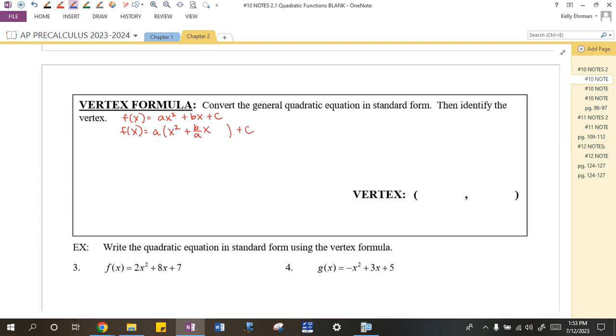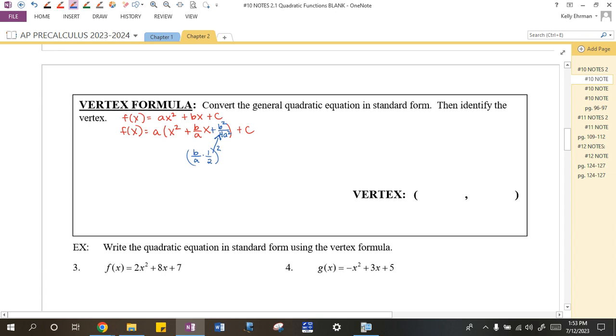Okay, now what about our complete the square step? So what about this part right here? We're supposed to take the number in front of x, which is b over a, and divide it by 2. Now, instead of dividing by 2, I'm going to think times 1/2. And then we're going to square that. B over 2a squared becomes b squared over 4a squared.